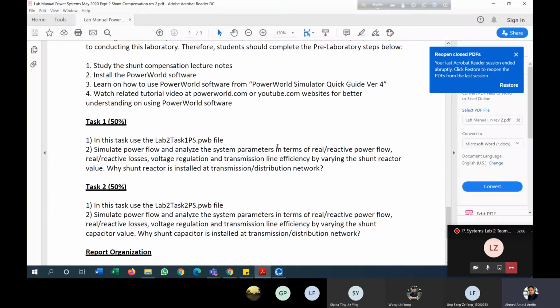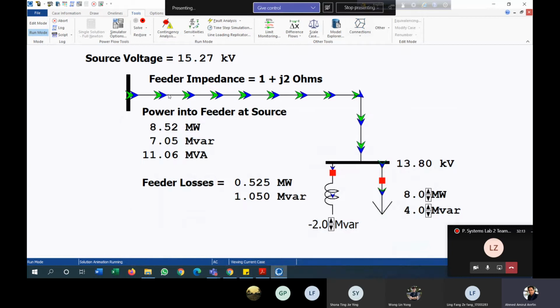Okay, one more thing is the efficiency. Transmission line efficiency is basically how much this line is contributing. Here the transmission line efficiency is generally the normal formula of efficiency we have, and also we don't have any scope to see it from PowerWorld here.